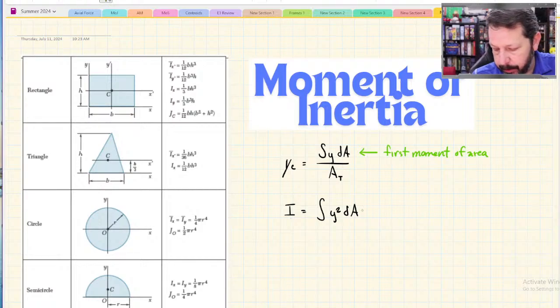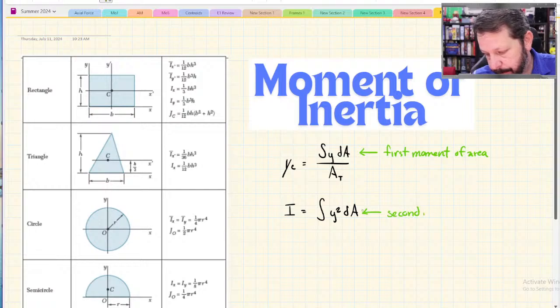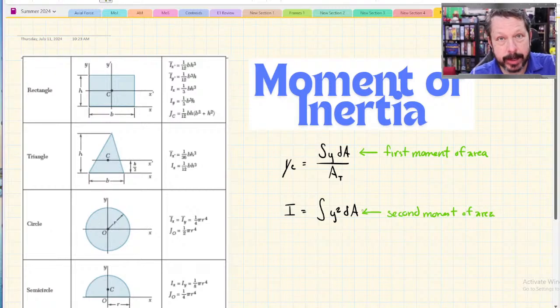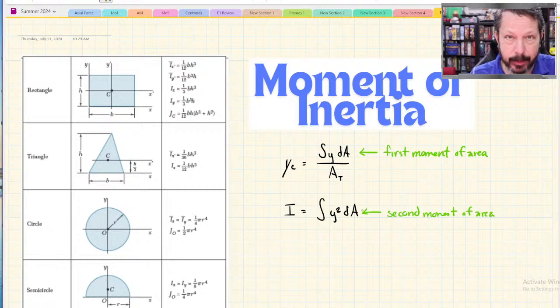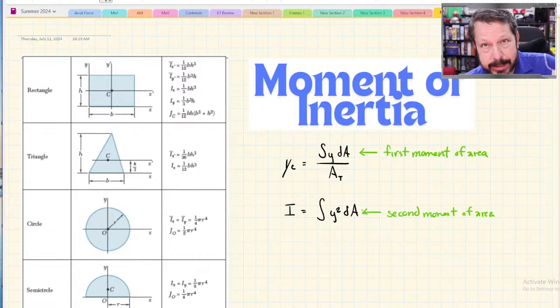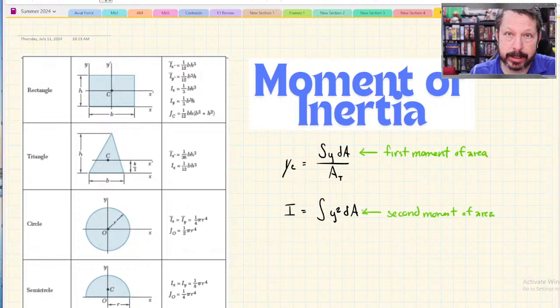And we would call that term the second moment of area. It would be second because it's y squared, where the first one was y times dA, y to the first power. We're not going to need to integrate these things, the integral of y squared dA. We're going to use the predetermined values from these shapes over here, just like we did last time.